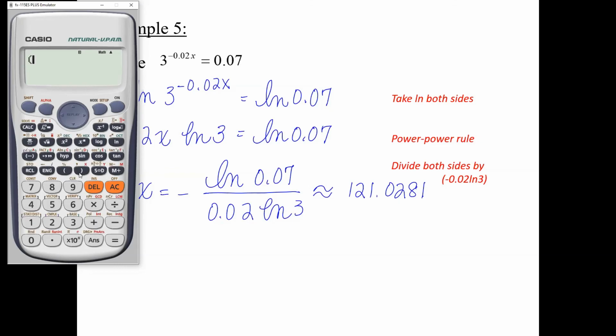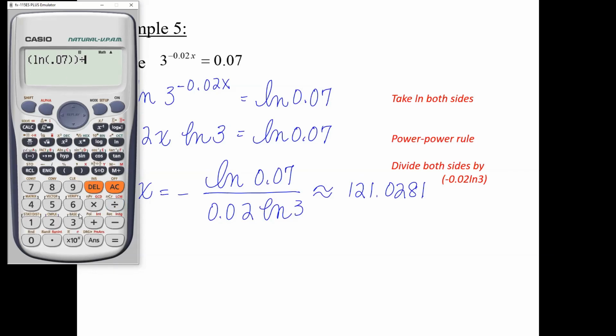But we would have to use a parentheses. Natural log 0.07. Close the parentheses. Another parentheses because I've got 2 openings, so I've got to have 2 closings.